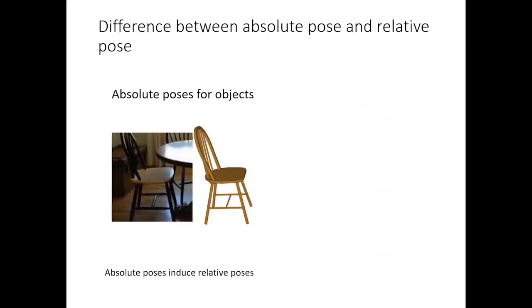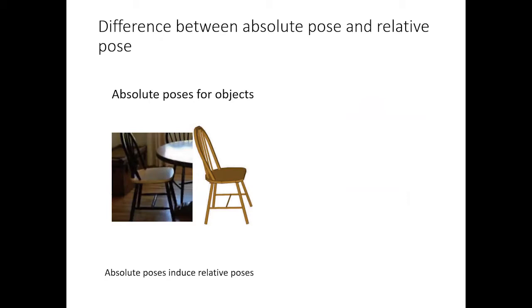And in the big picture, if we talk about the pose problem, there are two problems, I should say. One is pose estimation for objects. For objects we can talk about the absolute pose, because objects have a front and upright orientation.